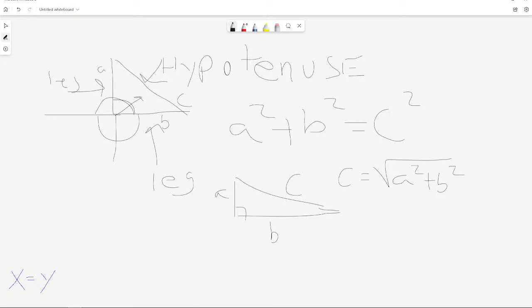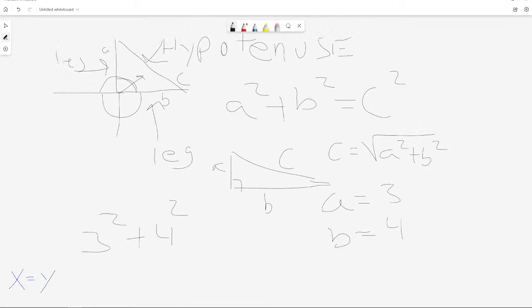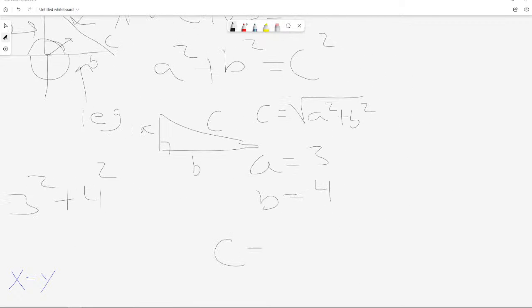So if the legs measure 3 and 4 units, we'd have 3 squared plus 4 squared. On this we'll have a is equal to 3, b is equal to 4. So let's use c is equal to the square root of 3 squared plus b squared.